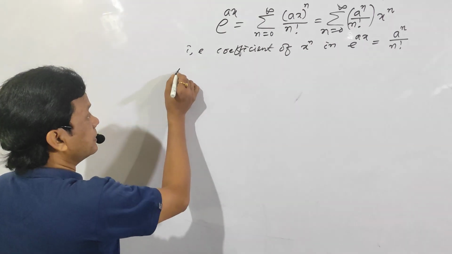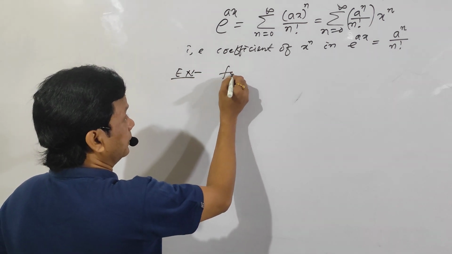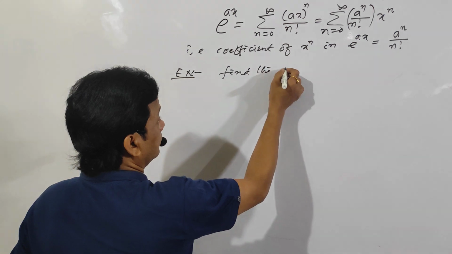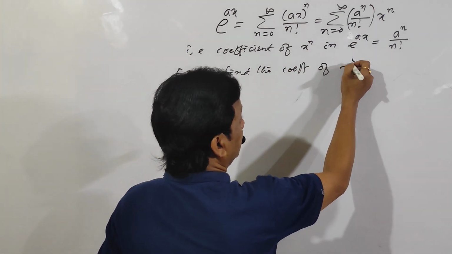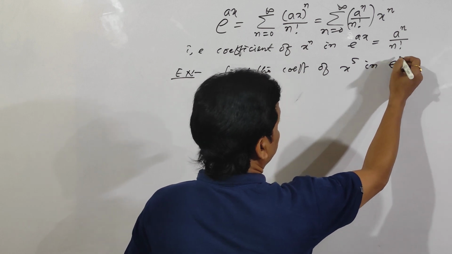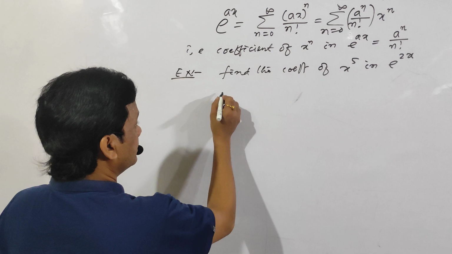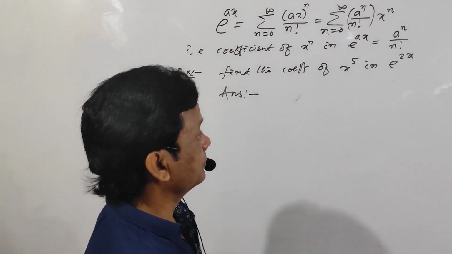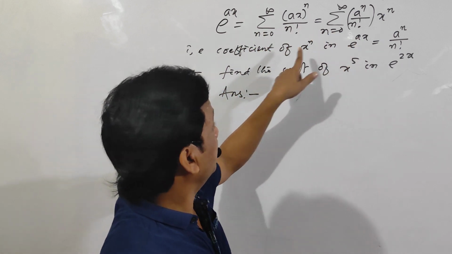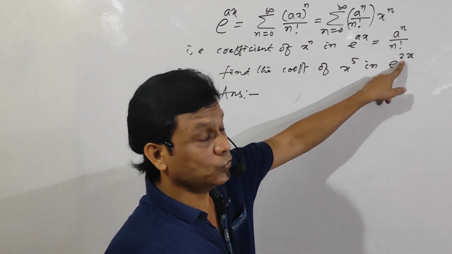See here, the first example I am going to tell you. Find the coefficient of x to the power 5 in e to the power 2x. So what is the answer? I have told you x to the power n, here n is 5 and a is 2.